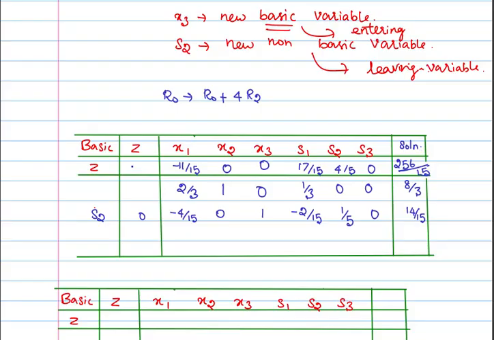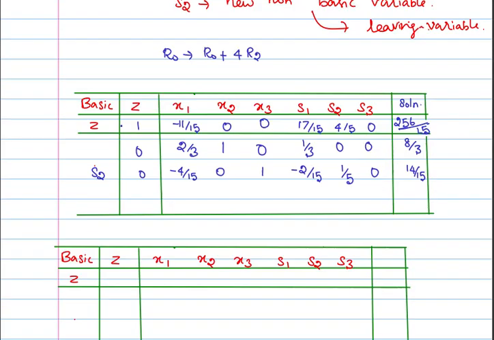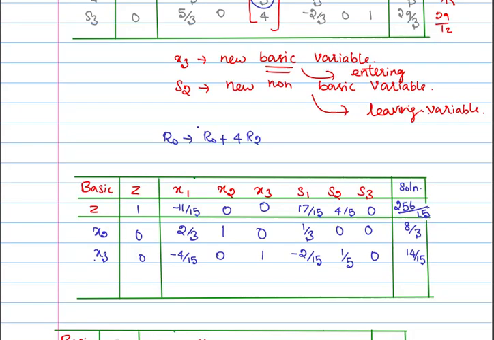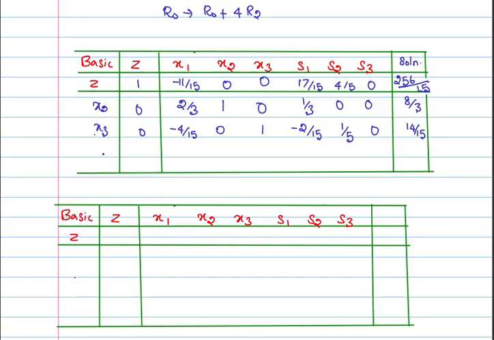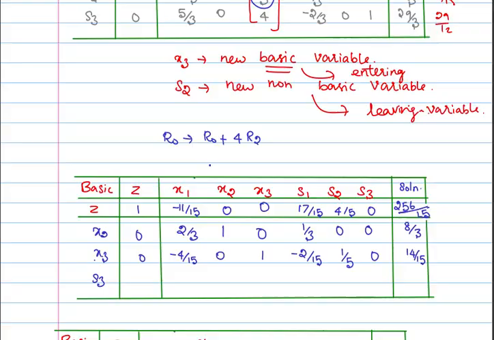Next here is 1, 0. Here the new variable is X3, because X3 is our new basic variable. Then the last column also I want to make 0.